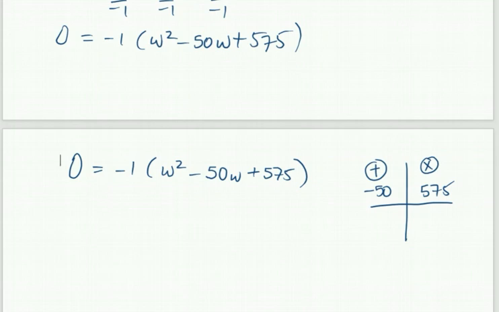Okay, so when in doubt, just go one by one. So 1 times 575. Nope, that won't work. 2 doesn't work. 3 doesn't work. 4 doesn't work. 5 should work. So 5, 115.